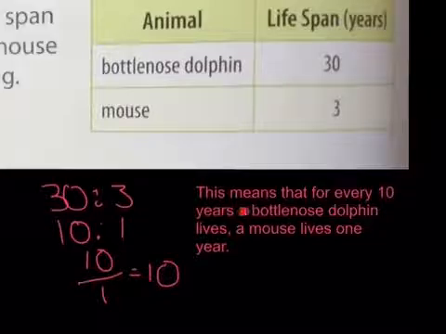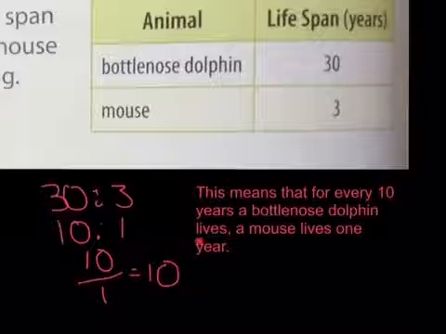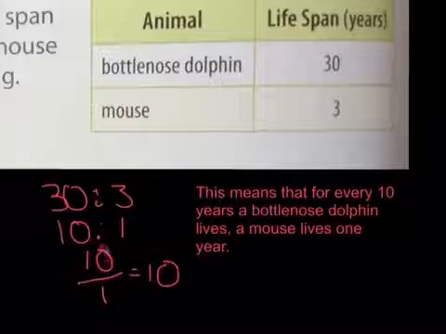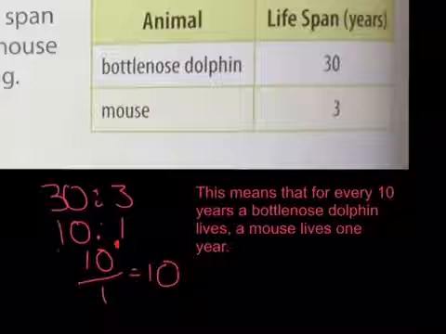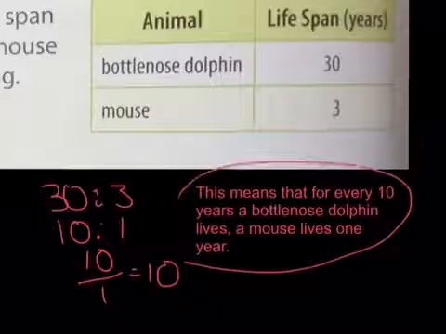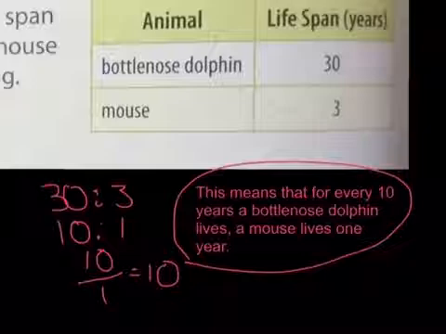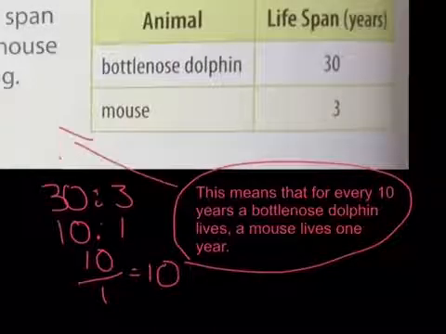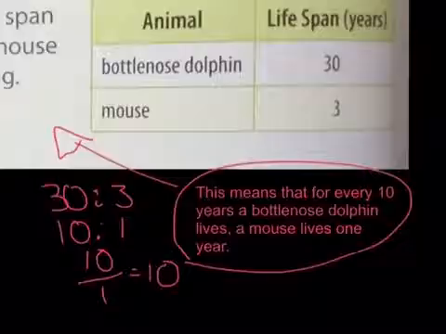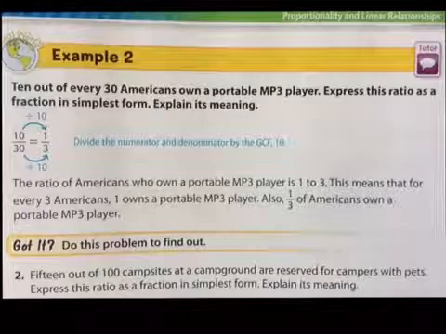Well, this means that for every 10 years a bottlenose dolphin lives, a mouse lives 1 year. Makes sense. You can see the ratio right there, and that's what this means. Please copy this down as a key answer right below the question. Example 2 is very similar.